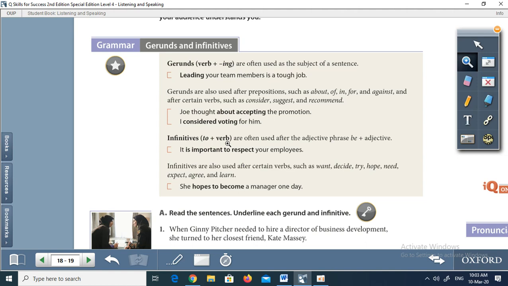The first question is, when Ginny Pitcher needed to hire a director of business development, she turned to her closest friend, Kate Massey. Read the sentence through slowly and put a line under whatever gerund or infinitive you can see.